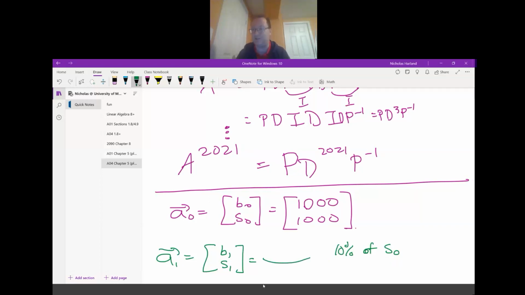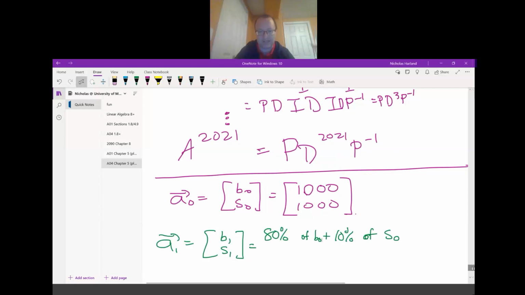So if we lose 20%, what percent do we keep? We're keeping 80%. So we get 80% of B0 plus 10% of S0. That's how much Bell is going to have after 1. Again, if that's a bit confusing, don't worry too much about it. Again, I just want to give a brief overview of the application.